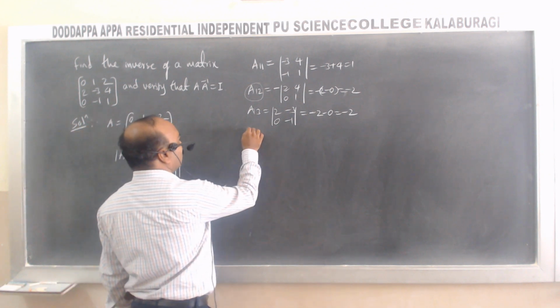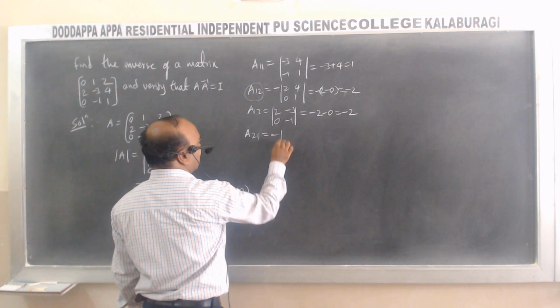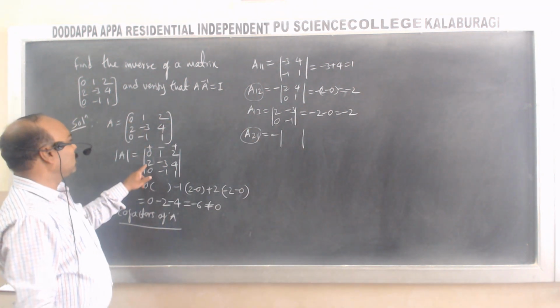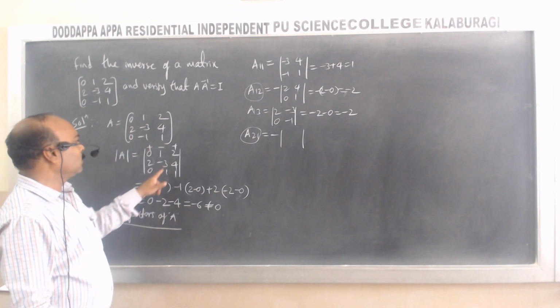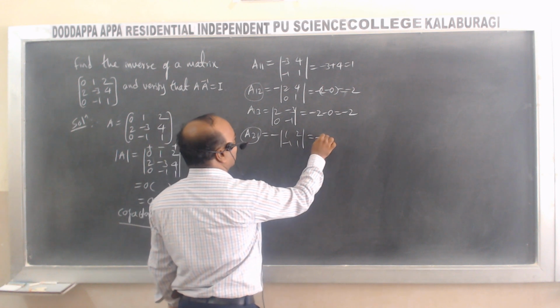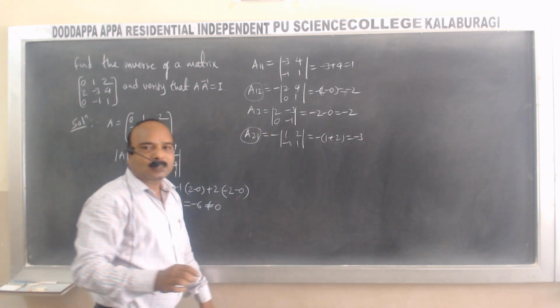Next we go for A21, again minus of the determinant because it is an odd position. So deleting this row and this column, we get 1, 2, minus 1, 1. So this is equal to minus of 1 plus 2, it is minus 3.